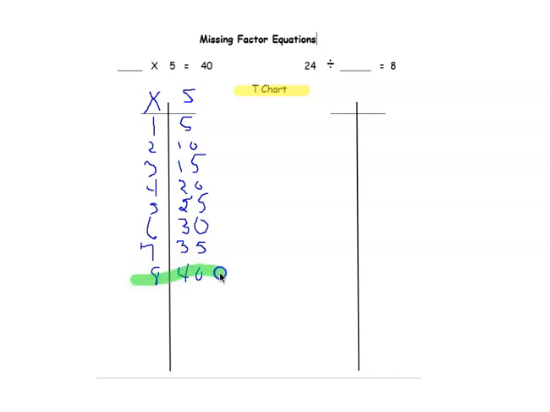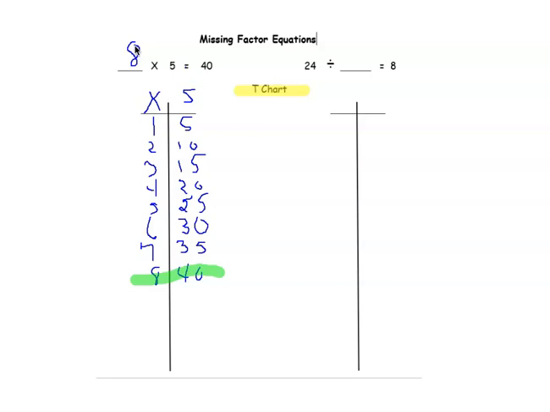Here it is. 8 times 5 equals 40. So my missing factor in my equation is 8. 8 times 5 is 40. So even if I don't have my multiplication chart, I can do my repeated addition, my skip counting, and I can create my own chart until I get to the values that I have in my equation.